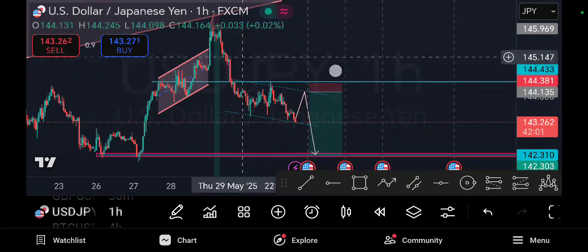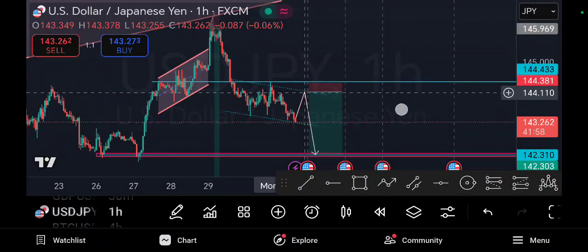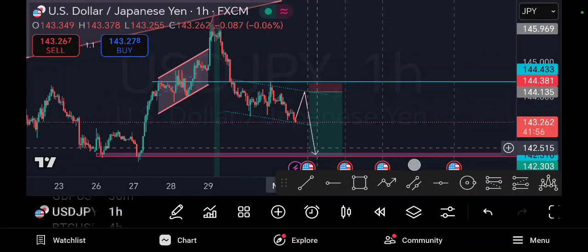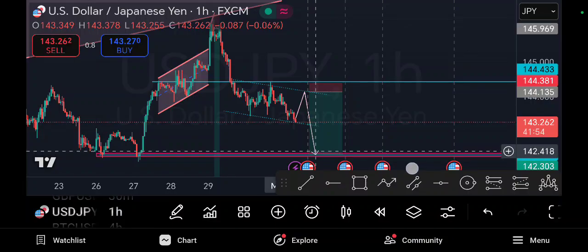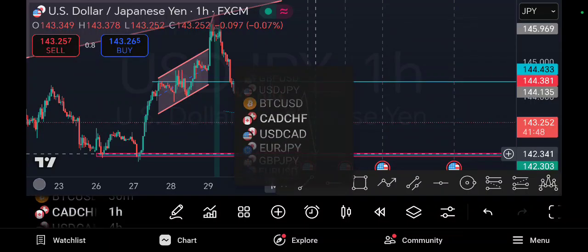You add, because we are already in this one. You'll just be adding, scaling in, and then it breaks. You take your overall profit there, right? That's USD/JPY.